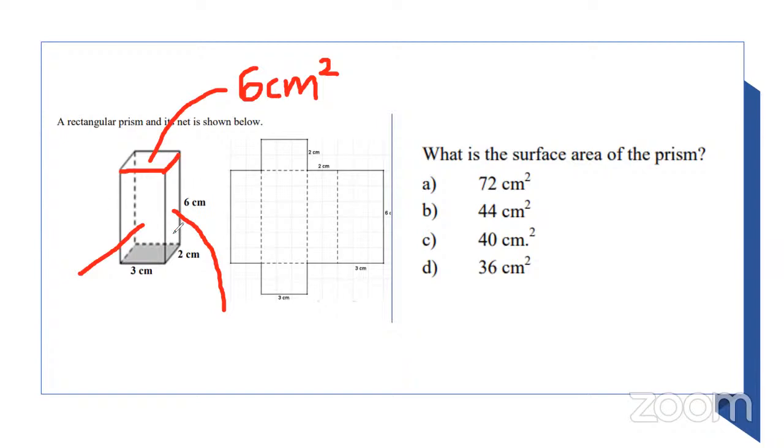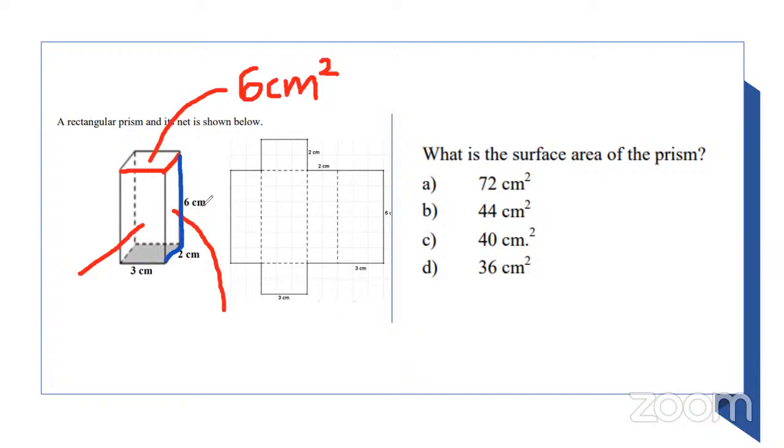So let's look at the side face. The side face would measure what? All right, so I see Danae and Dominique coming in with their top face and the base. Very good. Let's look at the side face now. So we've got this side face with dimensions 6 centimeters for length, 2 centimeters for width.